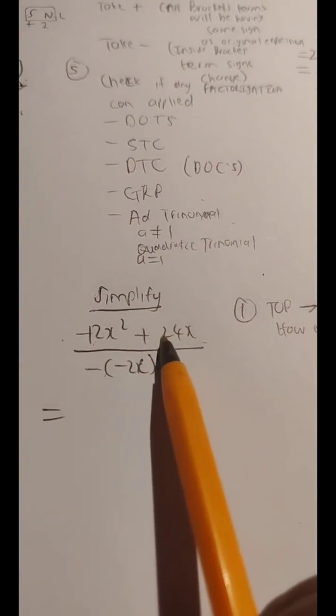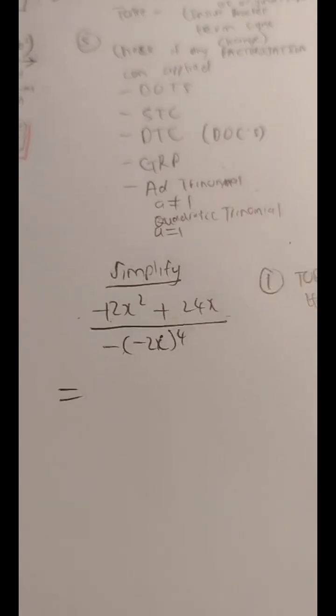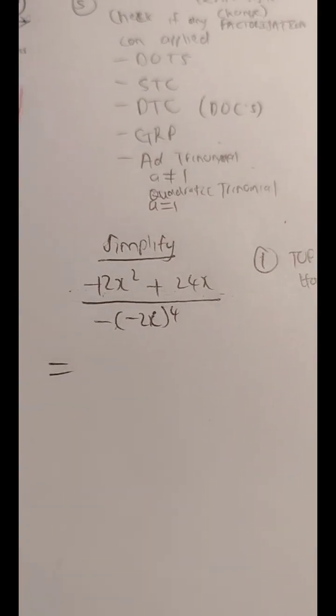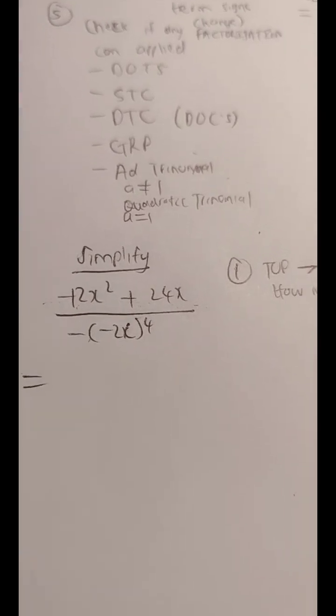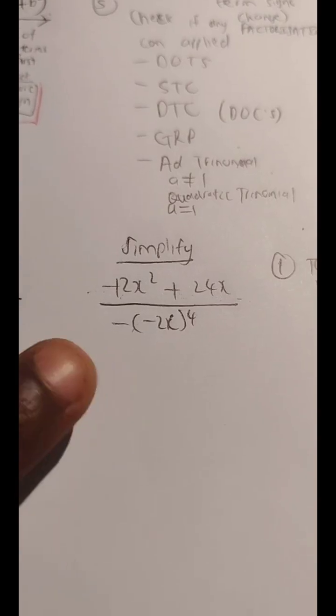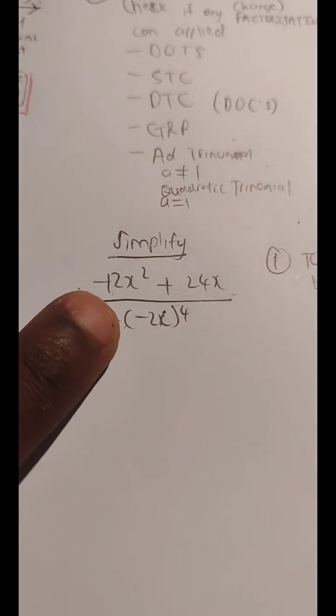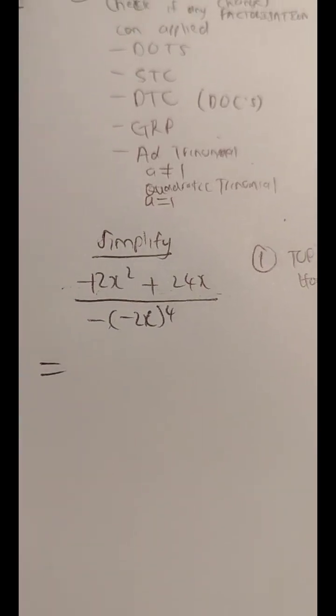Guys, what is the highest common factor? Negative 12x squared plus 24x. Does it exist? What is it? Be very careful. In the numerator, what is the highest common factor? Yes, Ruben.